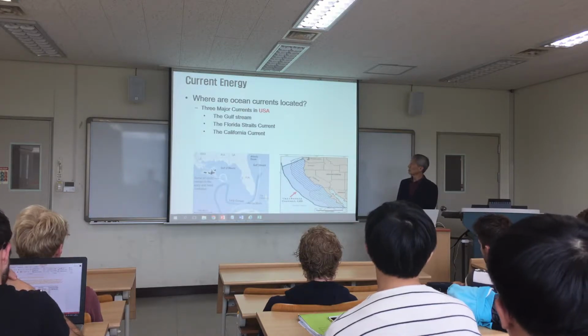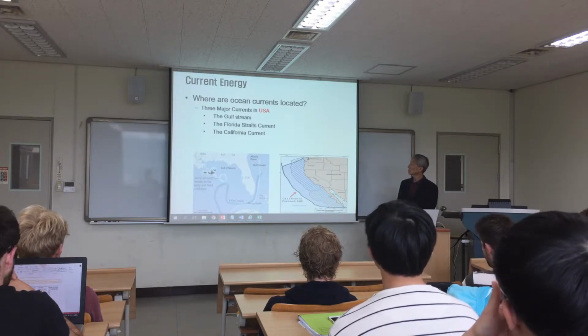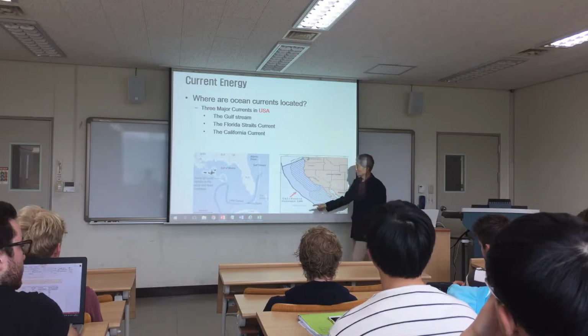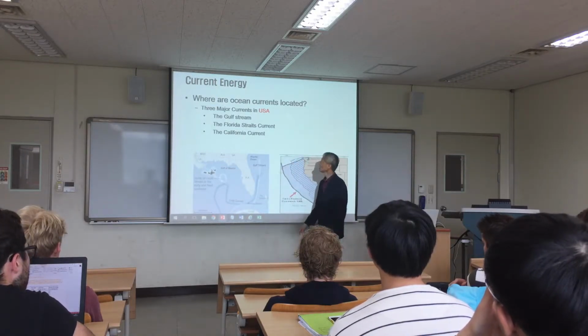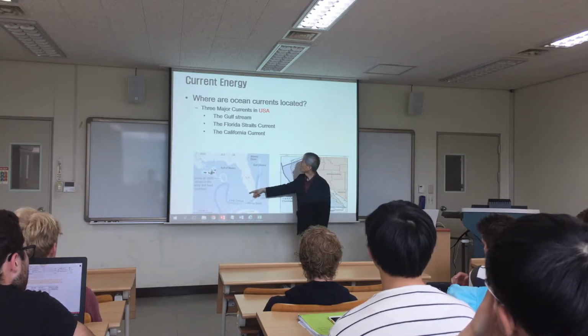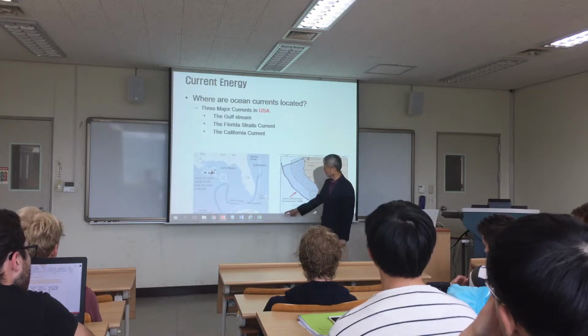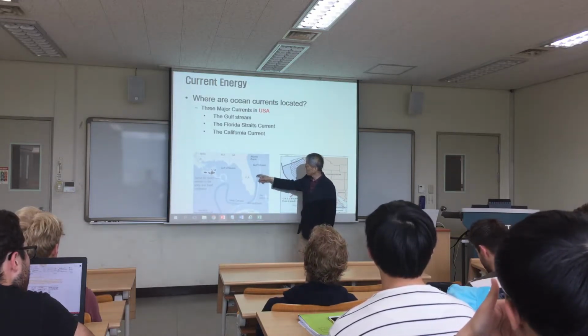And then where is the energy currently located? There are three major currents in the United States. One is the Gulf Stream, in the Gulf of Mexico and the Florida Strait. There's a current also, the Florida Strait or Gulf Stream.